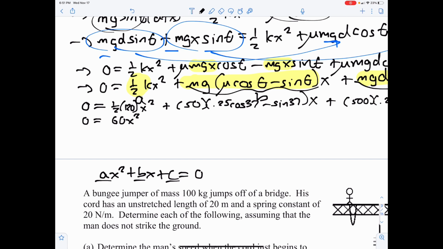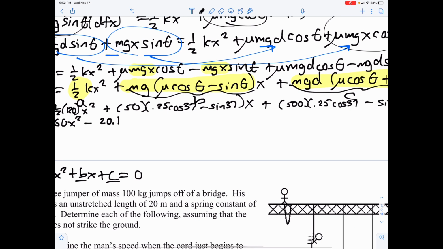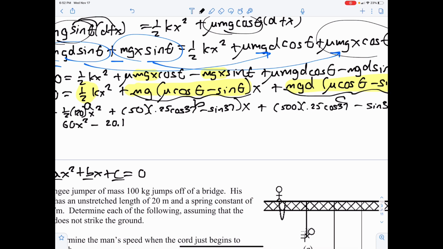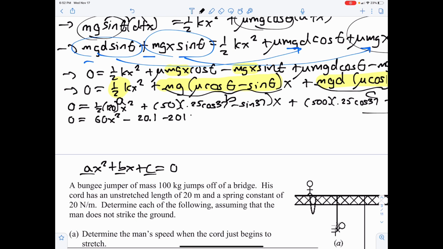Now this whole term right here is going to give you a negative value, so minus about 20.1 is what that simplifies to. And then this whole thing right here simplifies to about 201. So there's your A, there's your B, there's your C.